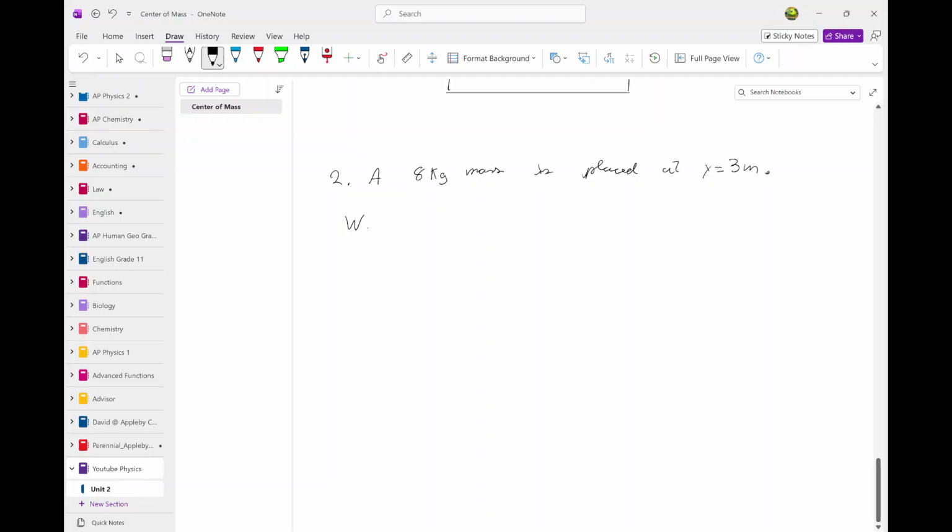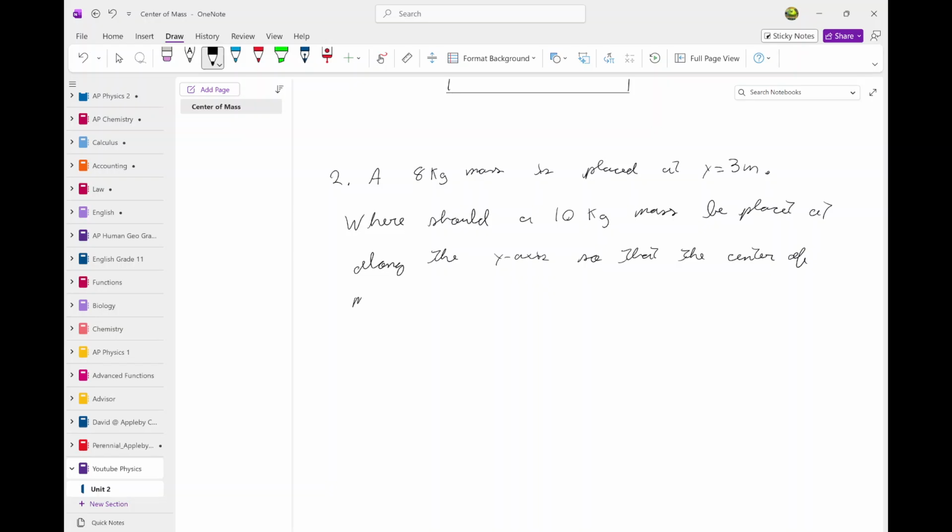Now, for this one, we're going to ask, where should a 10 kilogram mass be placed along the y-axis, of course, so that the center of mass will be located at y equals 4.5 meters.